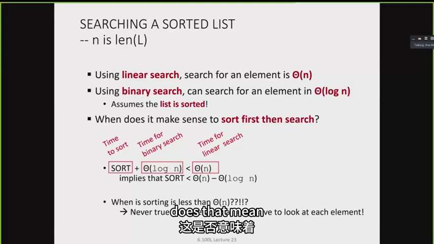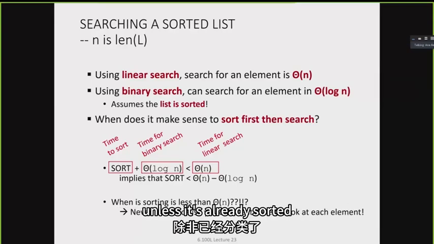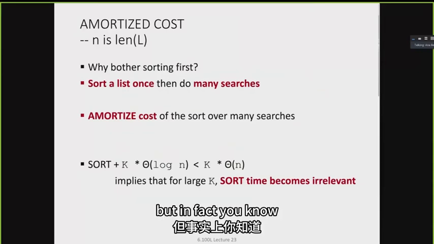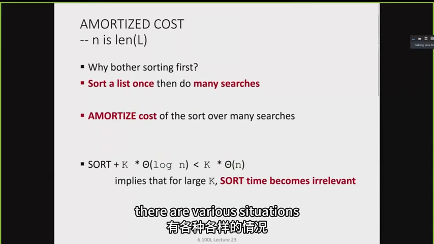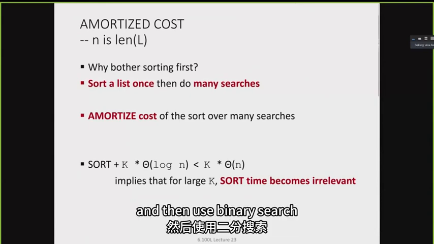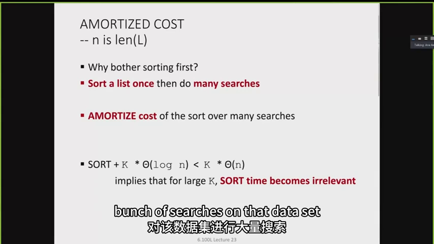So what does that mean? Does that mean we never want to do binary search on a list unless it's already sorted? Kind of. But in fact, there are various situations when it does make sense to do the sort first and then use binary search. And that's the case where you're given a data set, and you want to do a whole bunch of searches on that data set.